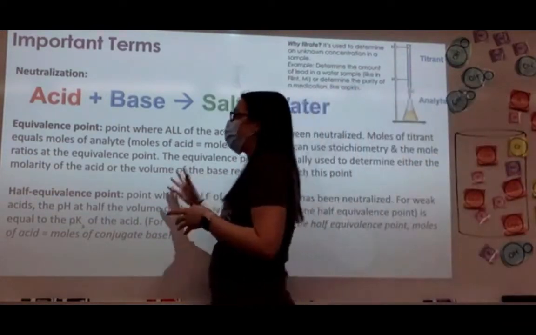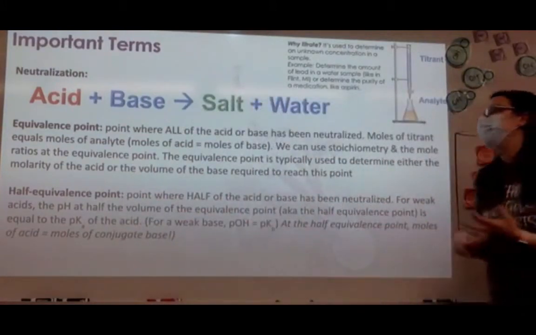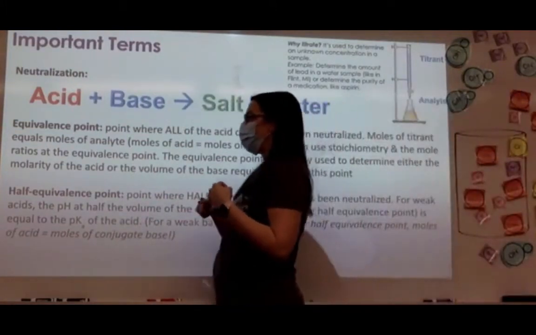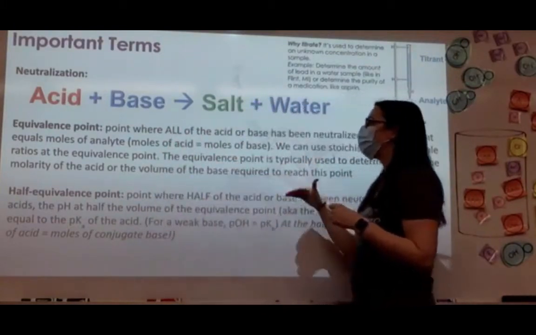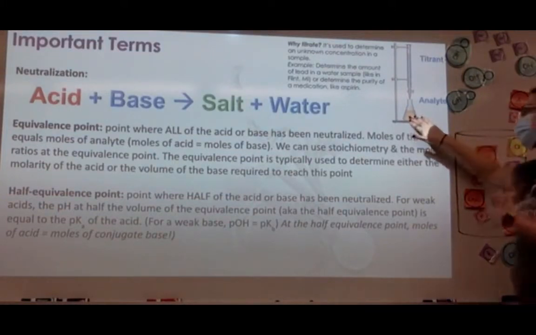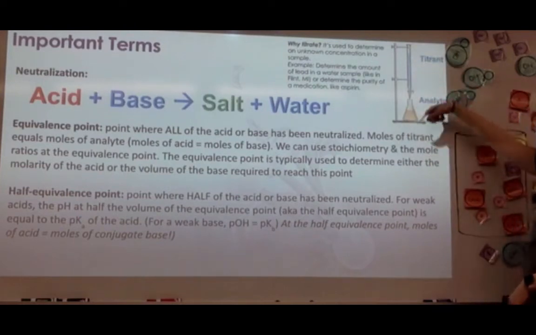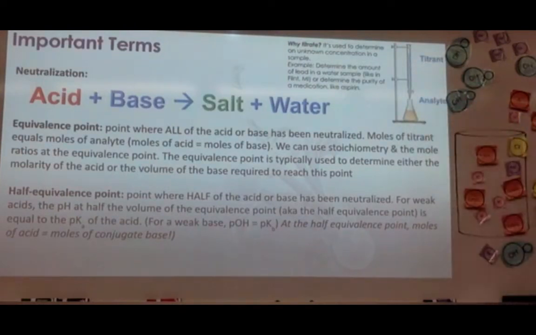When we get into titrations, we talk about equivalence points and half equivalence points. So the equivalence point is the point where all of the acid or the base, whatever is in the container underneath, has been neutralized. So that means that you've added enough base into the acid that it's completely neutralized.